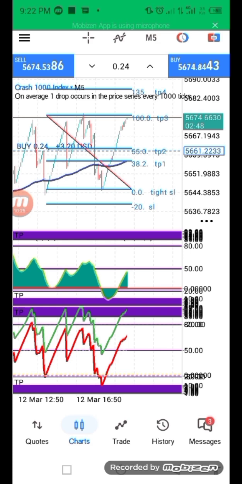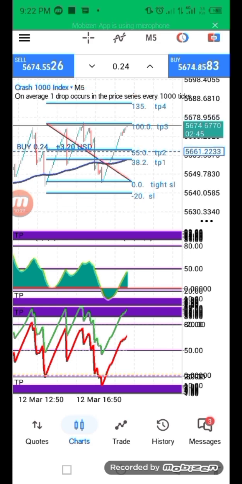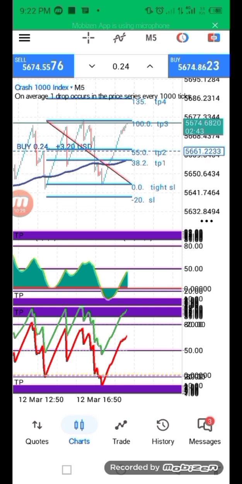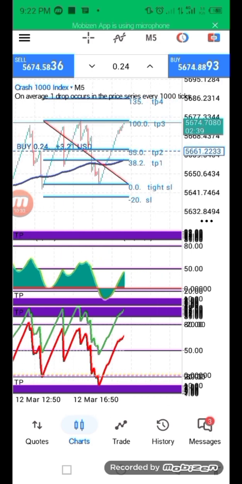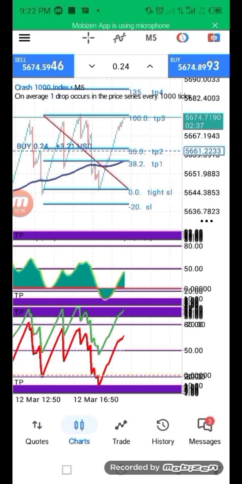TP3 is damaged. So for the sake of the duration of this video, I would want to end it here, but I strongly believe that this will buy all the way to the moon.